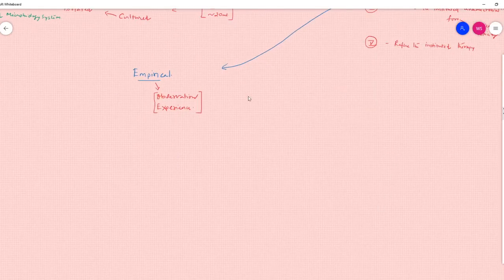Empirical drug therapy should be immediately instituted if the infection is determined to be life-threatening.